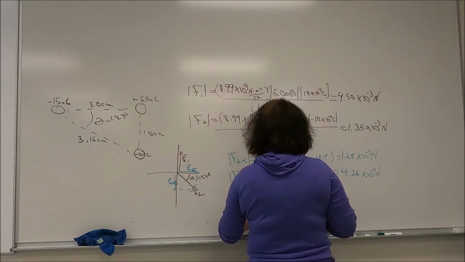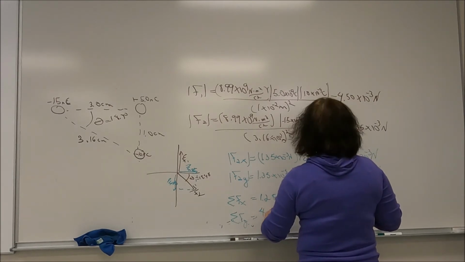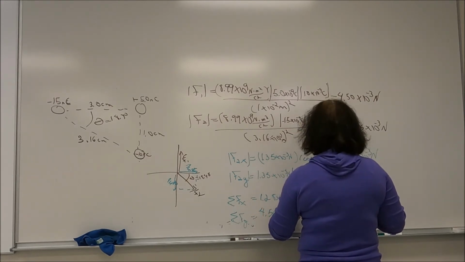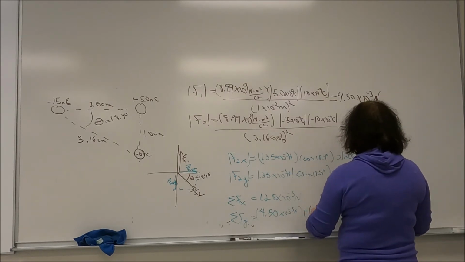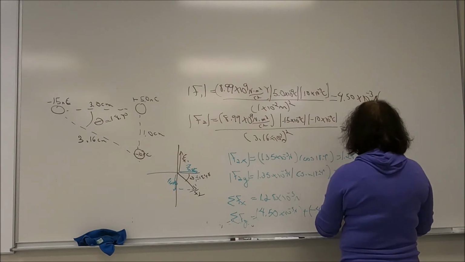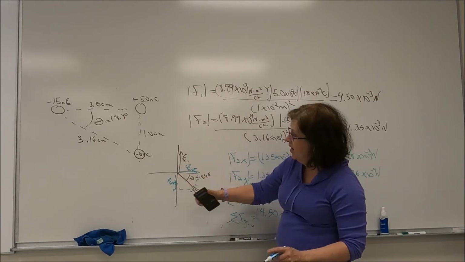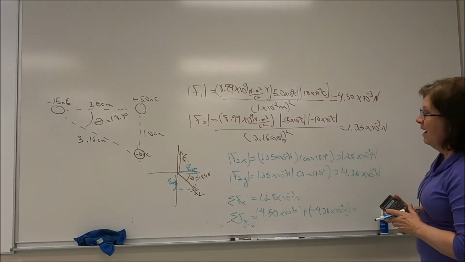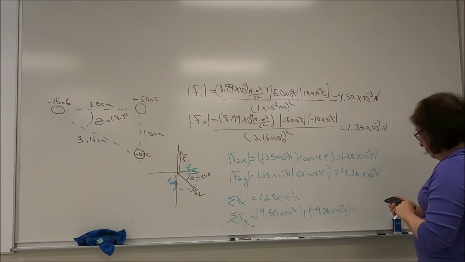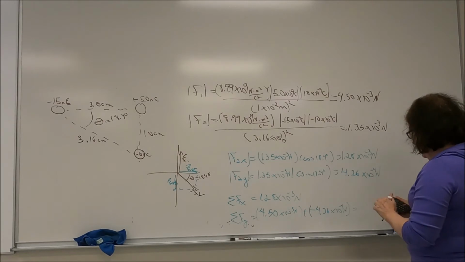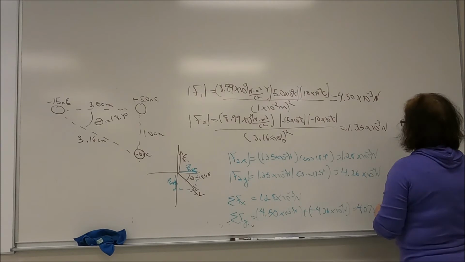Sum of the forces in the y direction is going to be force 1, which is 4.50 times 10 to the minus 3 newtons, plus a minus 4.26 times 10 to the minus 4 newtons, because force 1 is in the positive y direction, force 2y is in the negative y direction. So if I add those together, I get 4.07 times 10 to the minus 3 newtons.